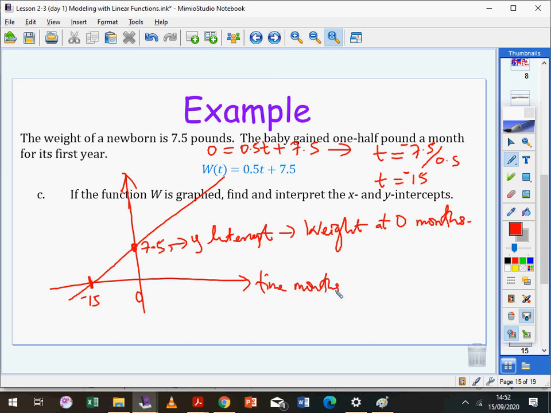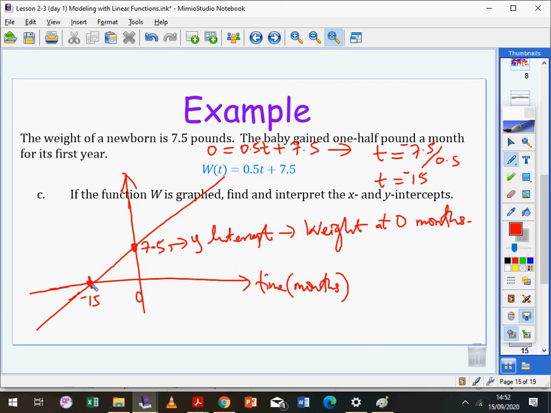Now, negative 15 months for this kind of function, what would that mean? What does it mean for the baby? Is it even possible that this baby has a weight? Thinking of the meaning of a graph, this is the point where the output value is 0, right? This will be the point where the baby has 0 weight, if we just looked at the graph.